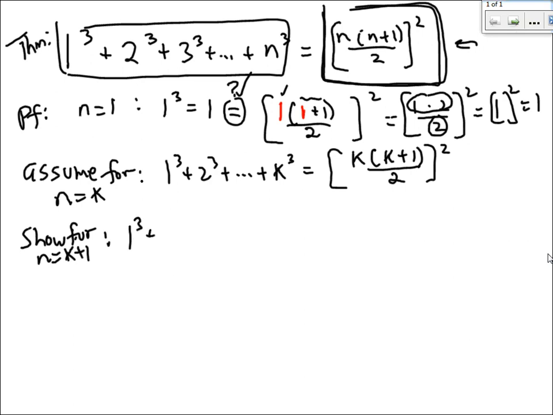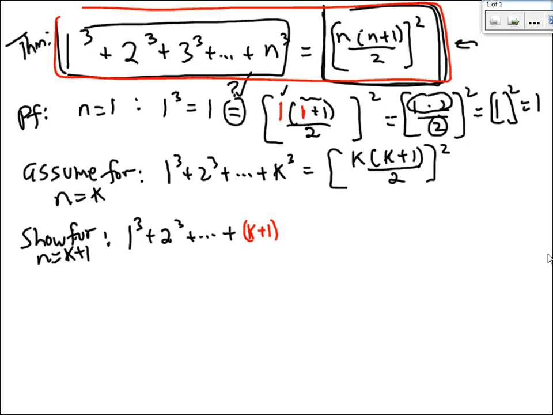So I need to show that 1 cube plus 2 cube up to k plus 1 cube equals, in this rule, instead of n, I put k plus 1: k plus 1 times k plus 1 plus 1 all over 2, squared.